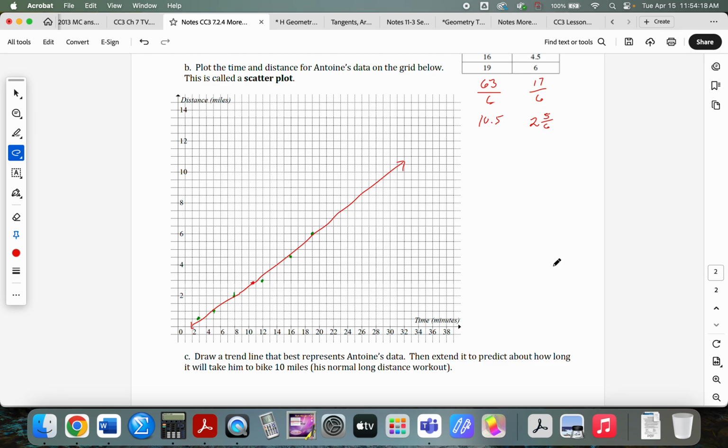So draw it in and draw it long enough to where it's going to cross 10 minutes, or 10 miles rather.